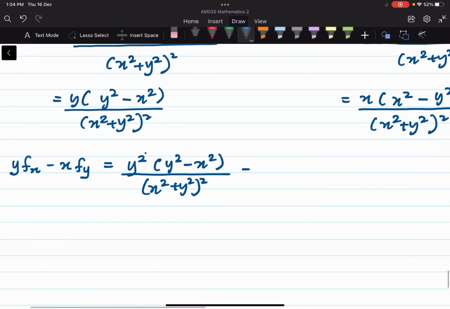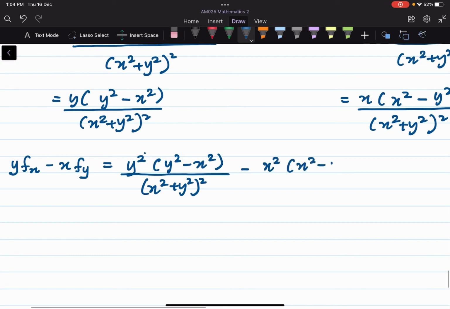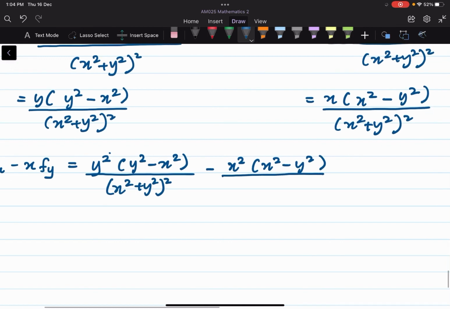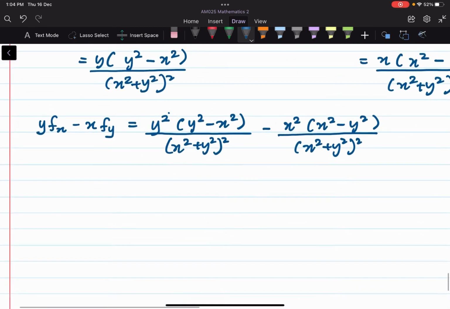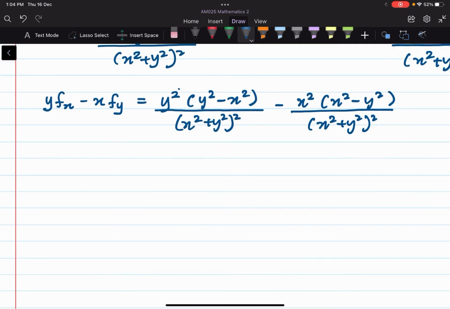minus this x. We'll times it with this x. It's going to be x squared minus y squared divided by x squared plus y squared. Okay, so what we're going to do with these two is factorize this negative out, I think.